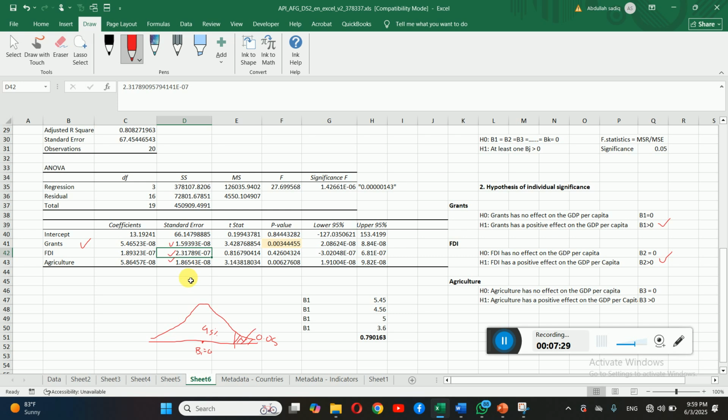So once again, dear students, the standard error tells us about the average fluctuation around the coefficients we have. Hopefully the idea of the standard error is clear.